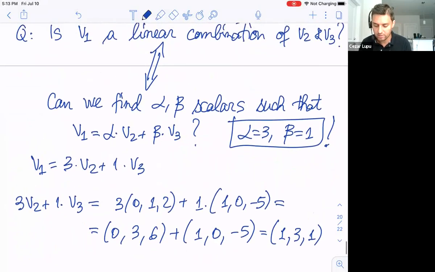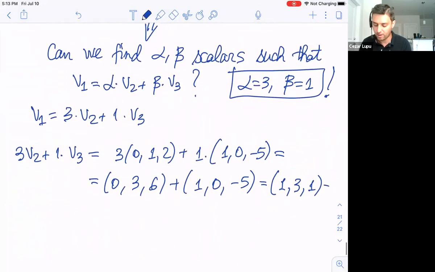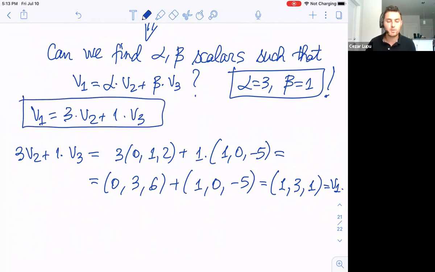This is nothing else than the first vector. So indeed, this is what we call a linear combination of vectors. In this case, you have seen that V1 can be expressed as a linear combination of the vectors V2 and V3.